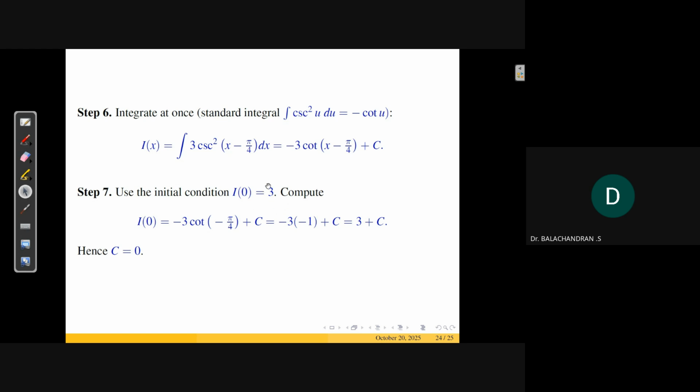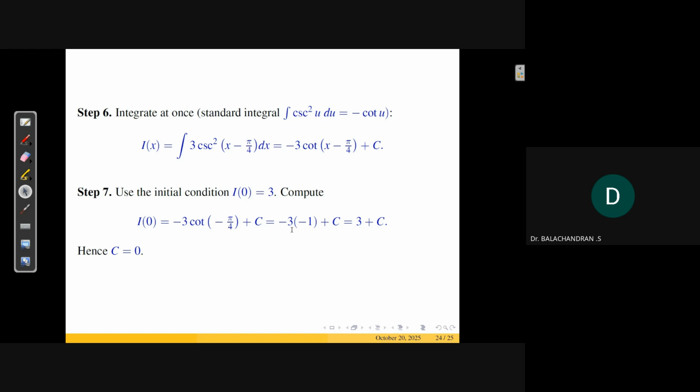And this is the condition given in the question: I of 0 is equal to 3. So replace x by 0. I of 0 is 3, so 3 is equal to minus 3 cot of minus pi by 4 plus c. Cot of minus x is minus cot x, so cot of minus pi by 4 is minus cot pi by 4, and cot pi by 4 is 1.